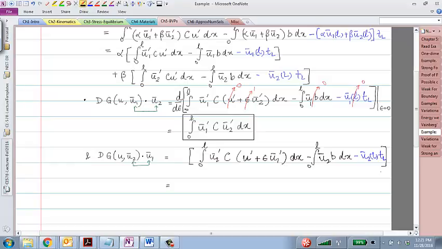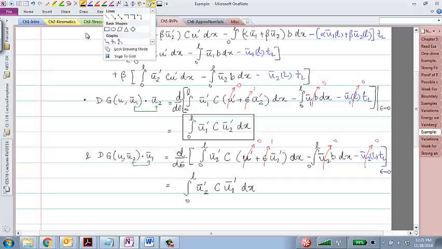Square bracket close, epsilon equal to 0, and take the derivative with respect to epsilon. Once again, the derivative of this term goes to 0, the derivative of this term goes to 1, this goes to 0, this goes to 0. And what I'm left with is integral 0 to L of u2 bar prime c of u1 bar prime dx.